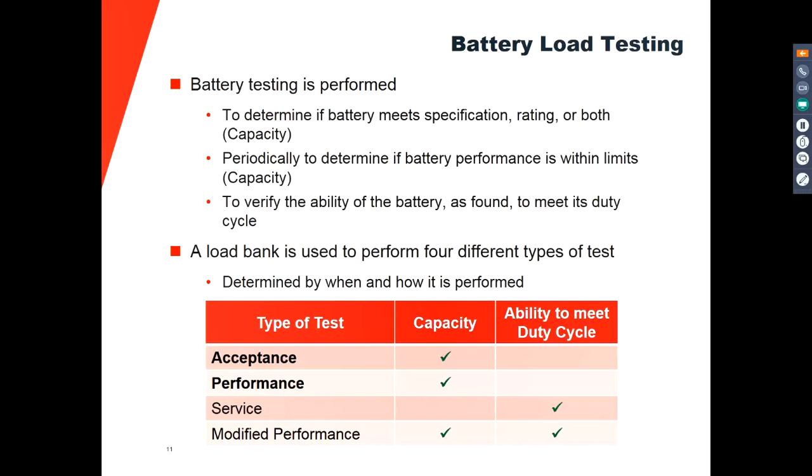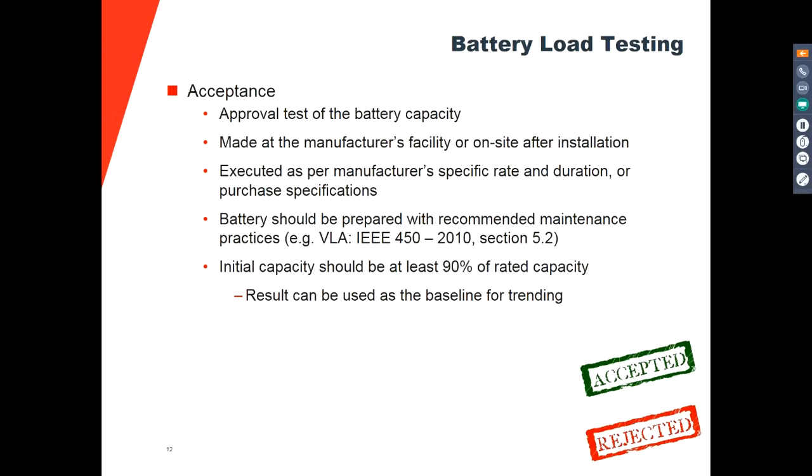In this presentation, we're going to be talking mainly about the acceptance and the performance test, which we are defining now. So the acceptance test is an approval test of the battery capacity. It can be performed at the manufacturer facility or on-site right after the installation.